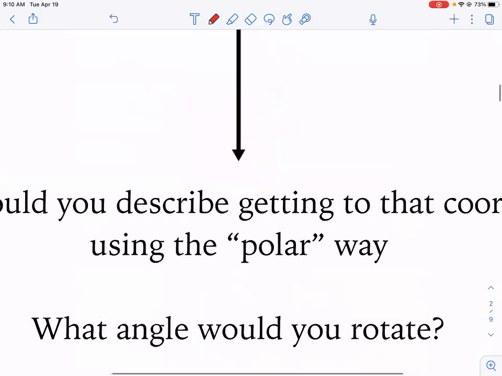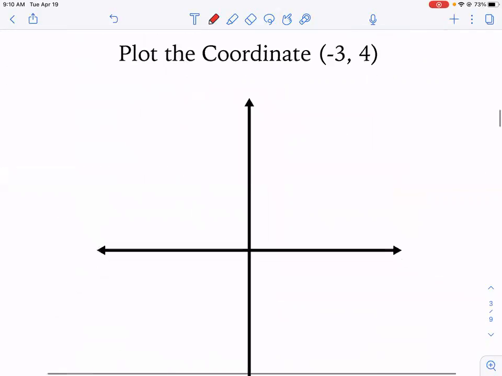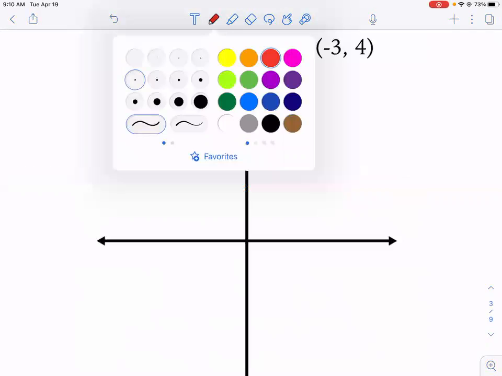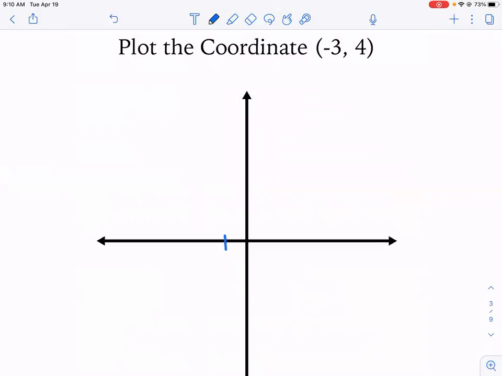Okay, so let's talk about this coordinate right here, -3, 4. How would I plot that? We would go left 3 and up 4. Same thing.